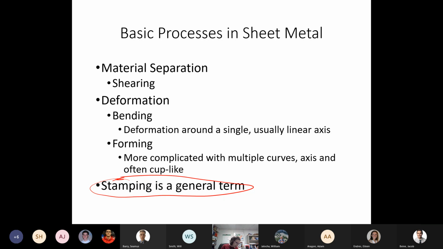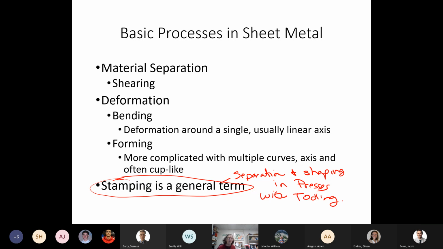So we are going to look at two different processes to start. One is what we would call material separation. And I am going to say that when we're talking about stamping, we generally are looking at separation and shaping in presses with tooling.